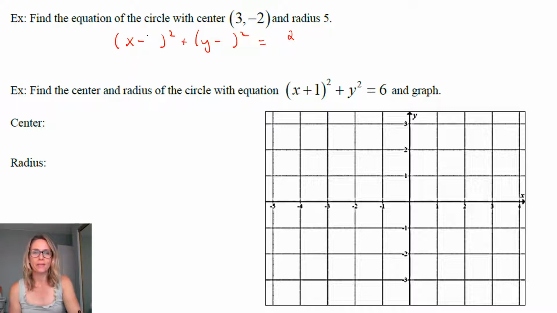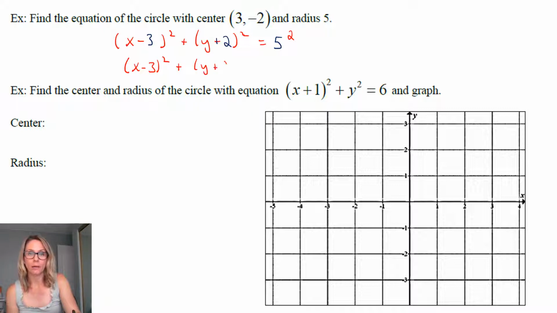We're going to have x minus 3, because 3 is the x value of our center, y minus k, so that's going to be y minus a negative 2, which is a plus 2. And then we're going to have our radius, which is 5, squared. So this is the equation of that circle. That's it. You already have it.